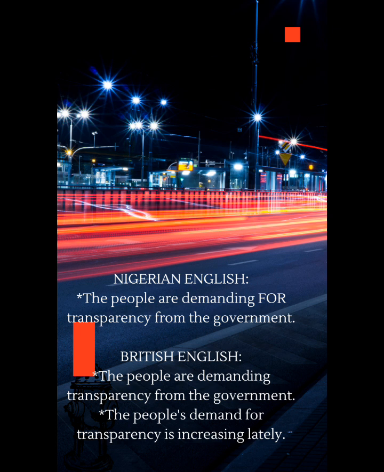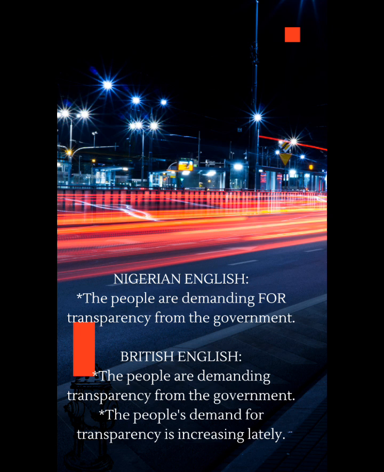But in British English, it may interest you to know that the verb demand is a transitive verb and does not attract any preposition before the object. It attracts a direct object. So you will have something like, the people are demanding transparency from the government.